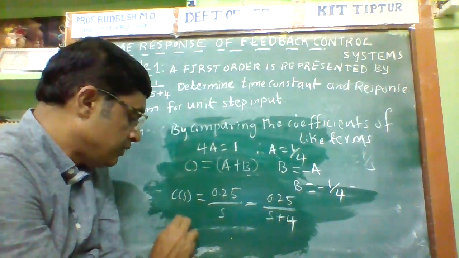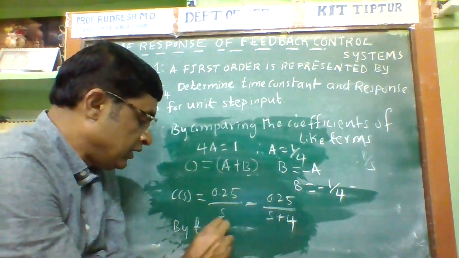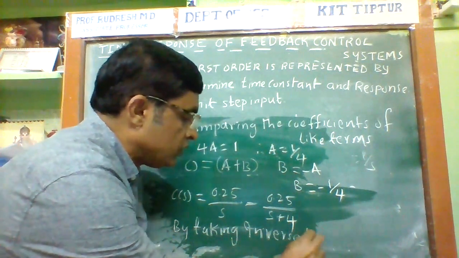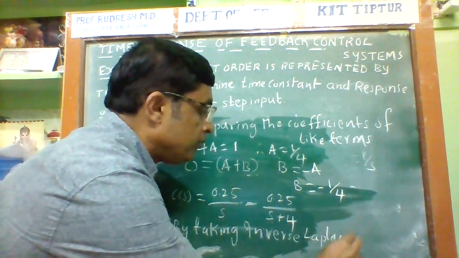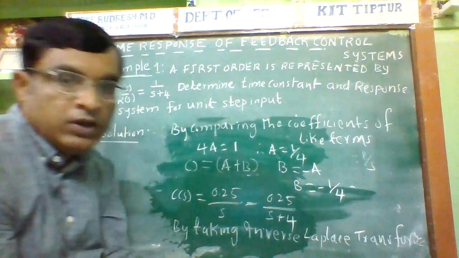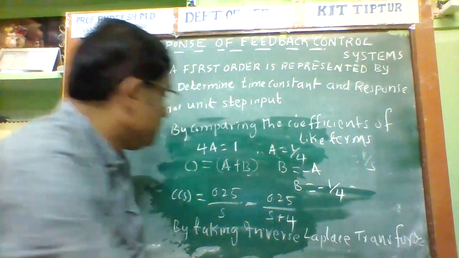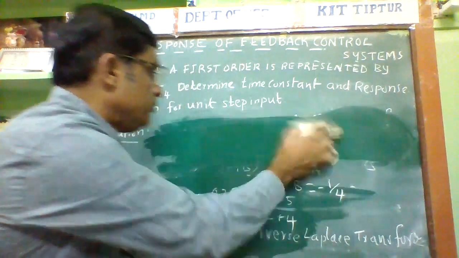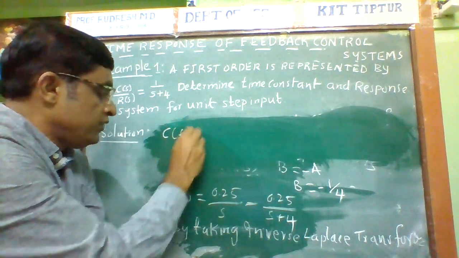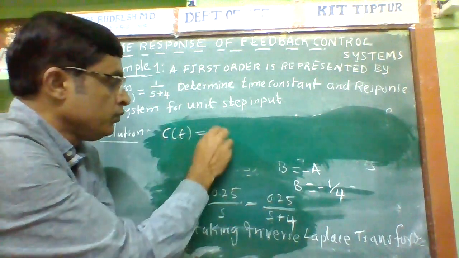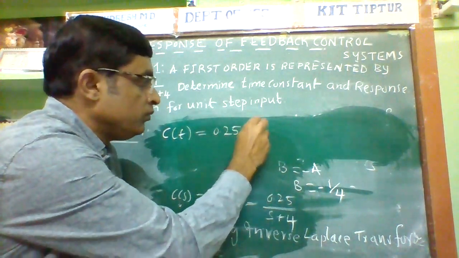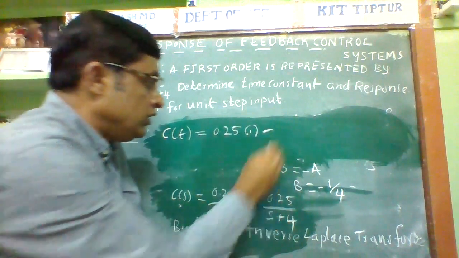Now by taking the inverse Laplace transform of C of S, we get C of t. The inverse Laplace transform of 0.25 times 1 by S is 0.25, minus 0.25 as it is.